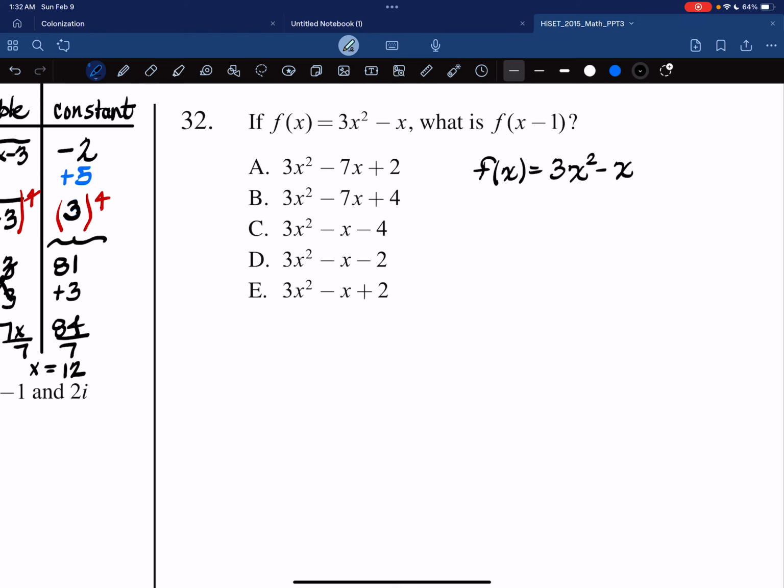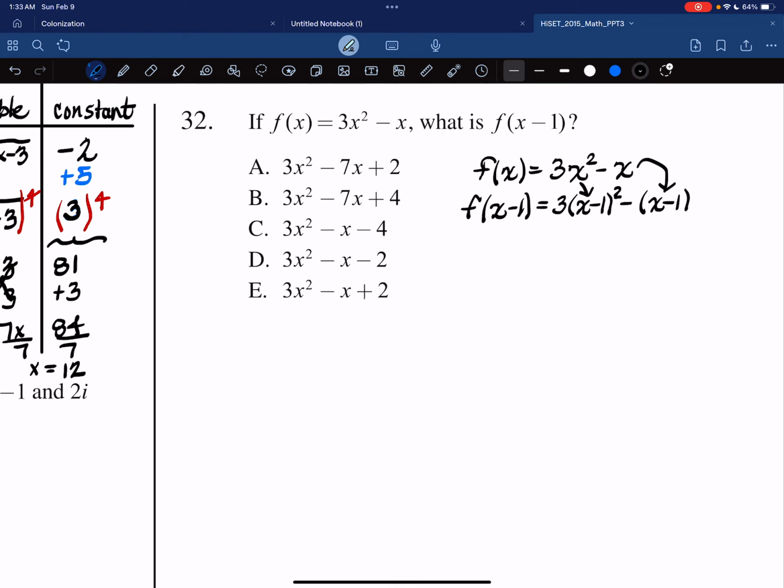And here is the equation they want us to calculate. So everywhere I see an x, I'm going to put an x minus 1. I'm putting a binomial term in there for x. Everywhere there's an x, you're putting x minus 1.